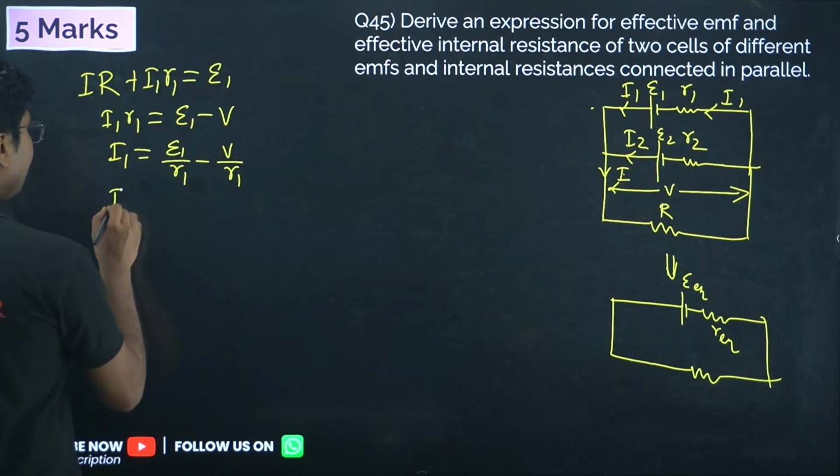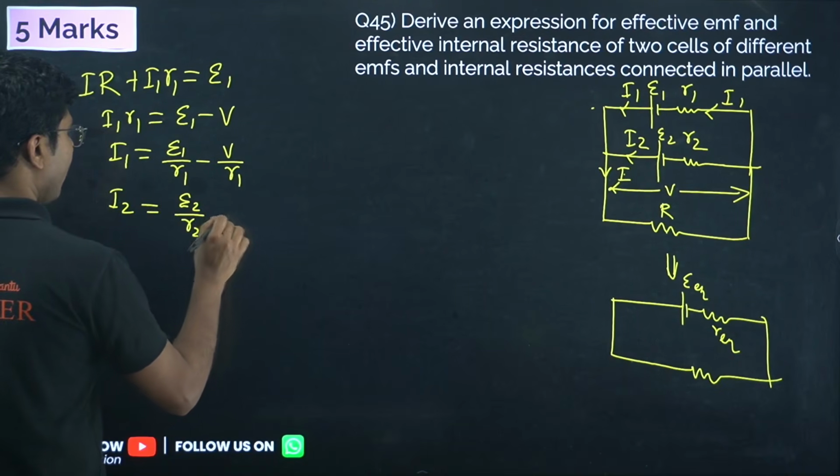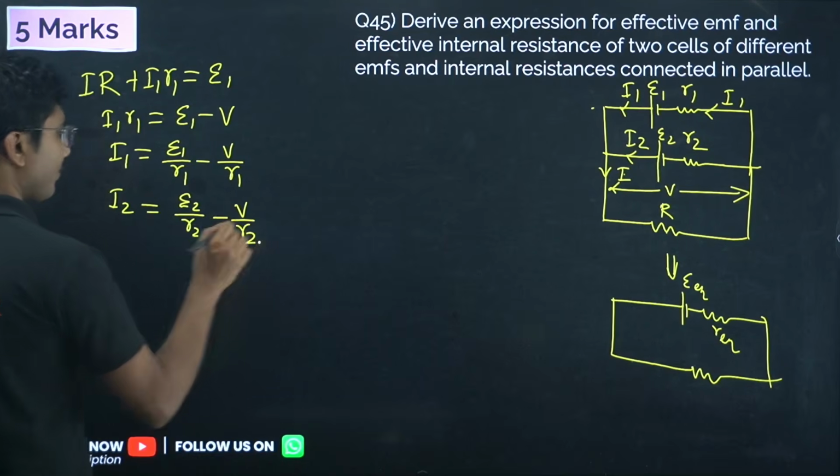Similarly, I2 equals epsilon 2 by r2 minus V by r2.